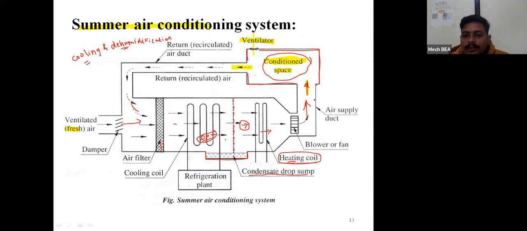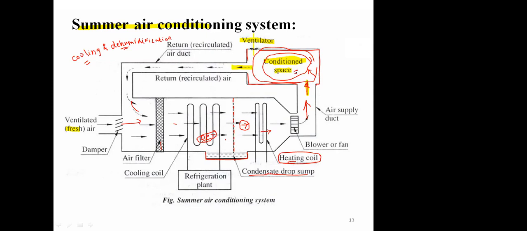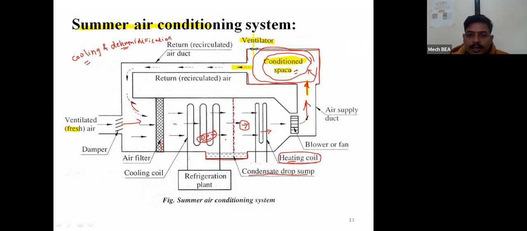Here, whatever supply air we are supplying to that conditioned space will absorb the heat which is being generated inside the conditioned space because of various parameters. After absorbing the heat, the desirable internal atmospheric condition will be maintained, and after that, the air will be recirculated.